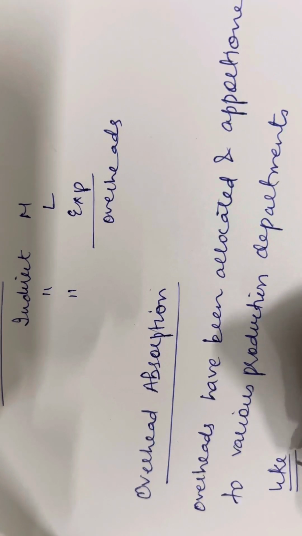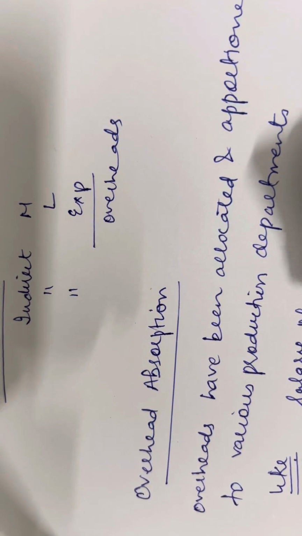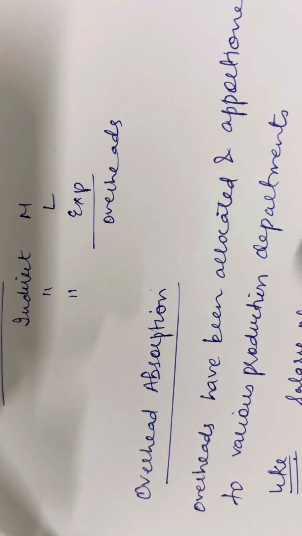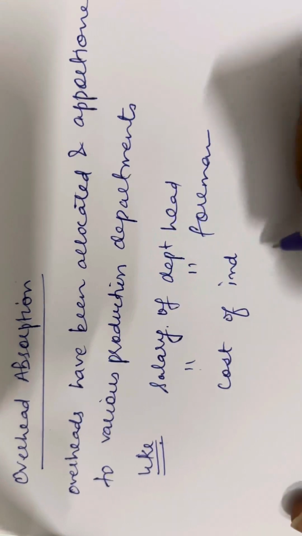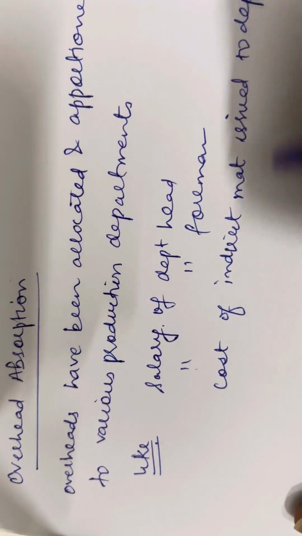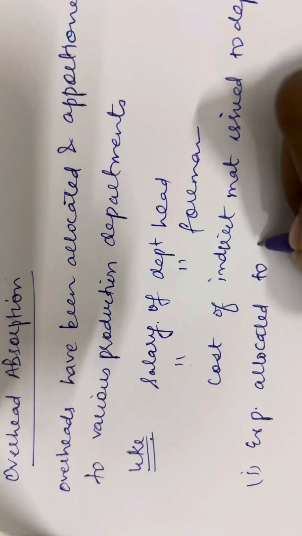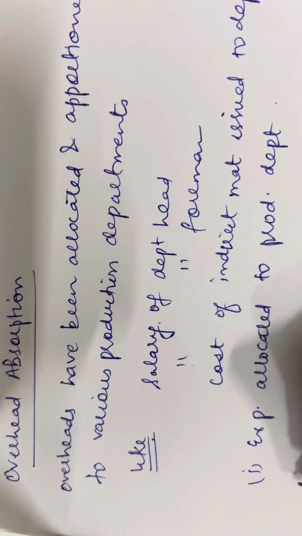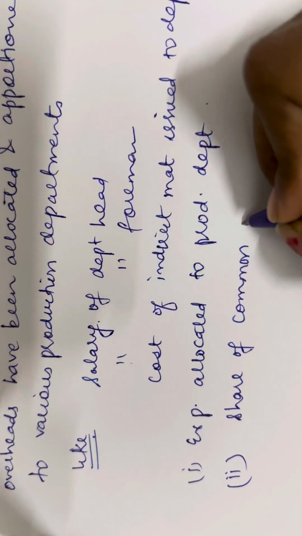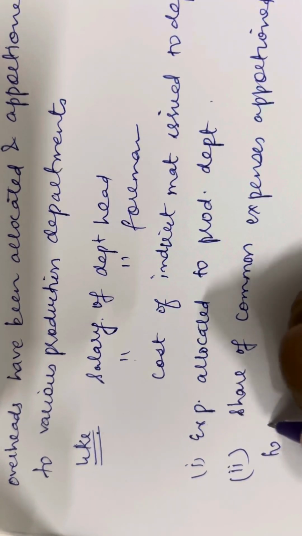Like if we talk about the salary of the department head or department foreman, or any cost of indirect material issued to the department, which I want to say are expenses allocated to the production department, or a share of common expenses apportioned to the production department.